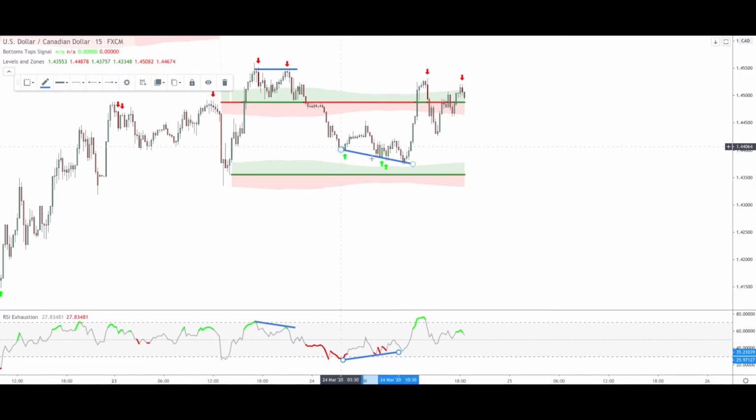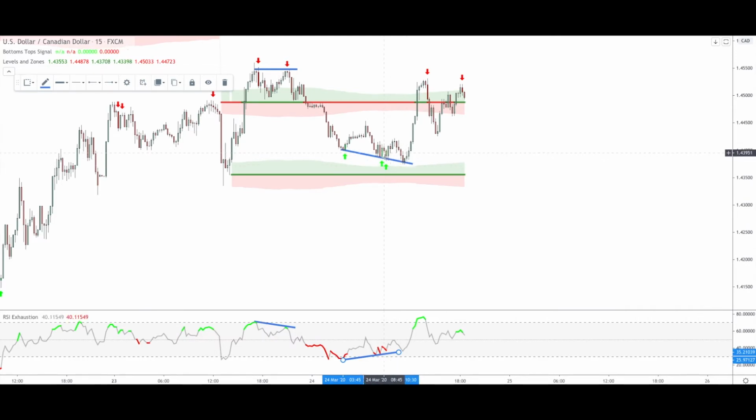So we had divergence, we had exhaustion. In this case we are looking for the price to move higher, so we need bearish exhaustion, and we have it here. And we also look for a bottom, and we have 1, 2, and 3. The 1 is just to begin with, and then we need at least a second, and we have 2 actually.